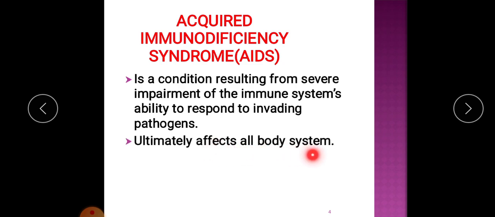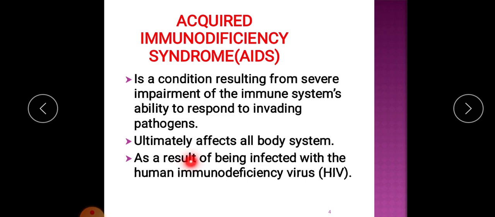Ultimately, it affects the body system. Once the HIV is inside our body, it can become full-blown AIDS as a result of being infected with human immunodeficiency virus.